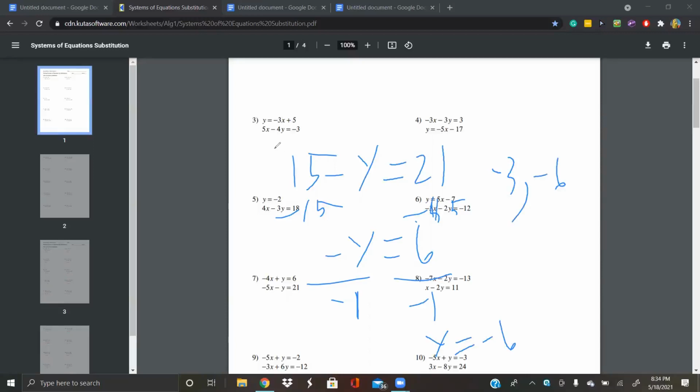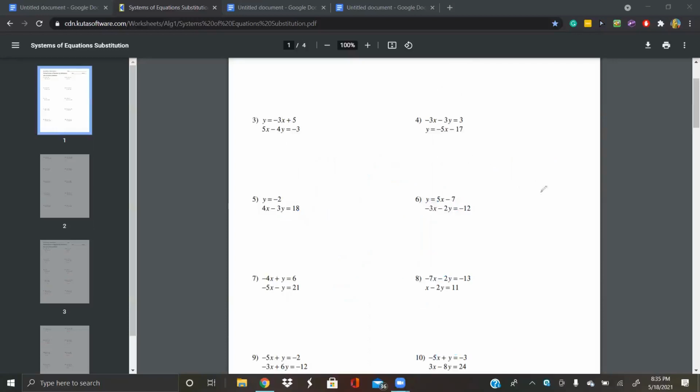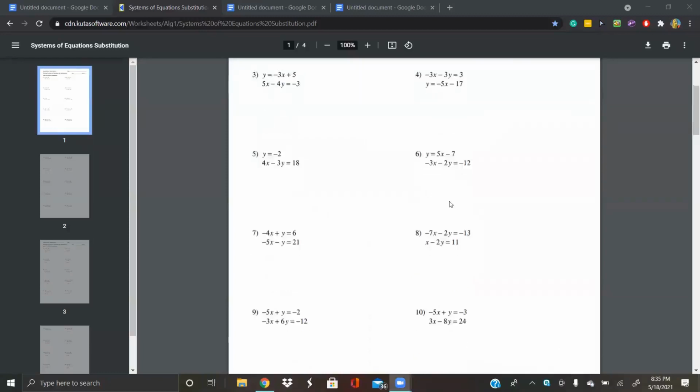Okay, so now we'll move on to the next problem. I'm going to clear the drawings. Okay, so now we're going to do this problem right here, number 9.